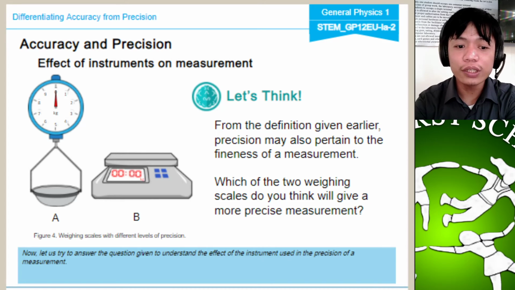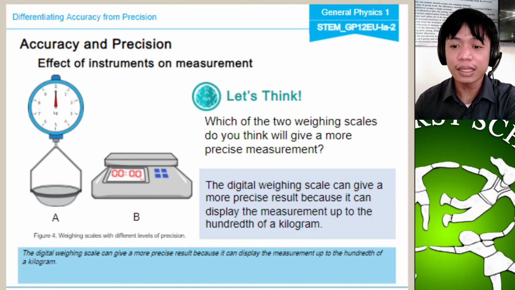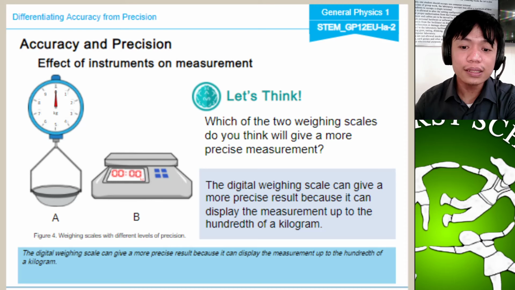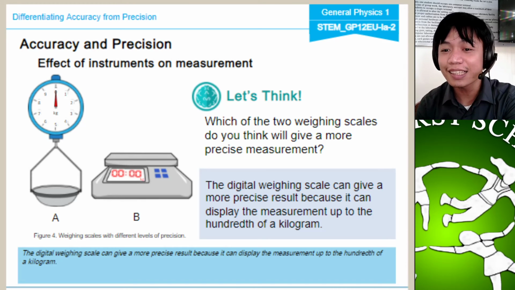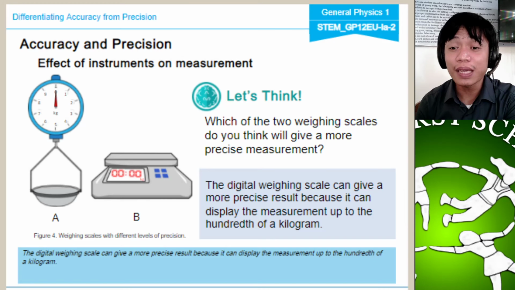So the correct answer is letter B. Okay, so that's it. So the digital weighing scale can give a more precise result because it can display the measurement of the hundreds of kilogram. That's it. Kasi meron siyang repeated values. Okay?